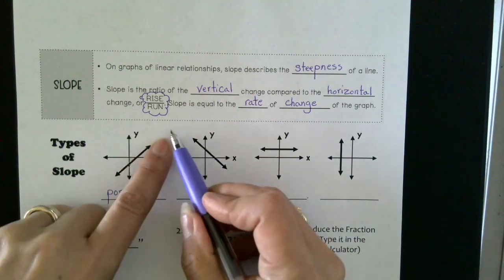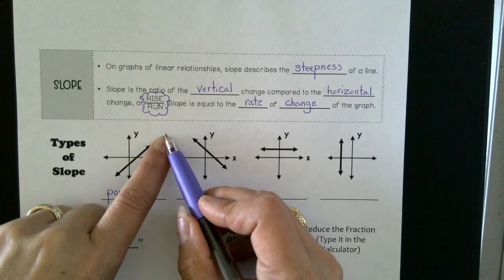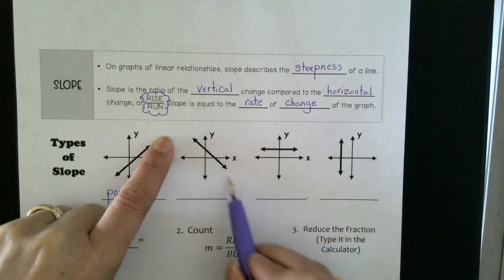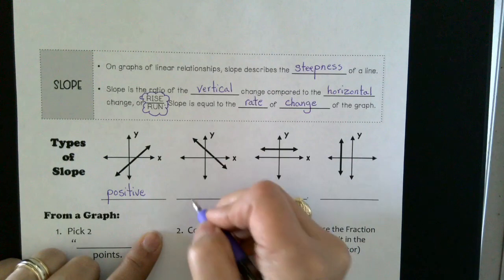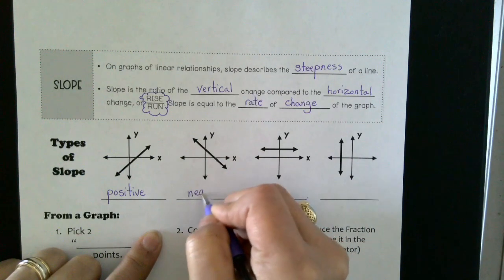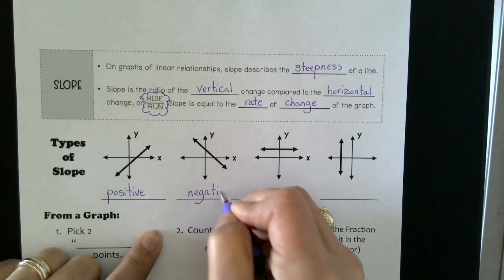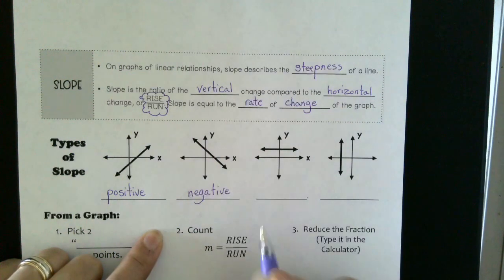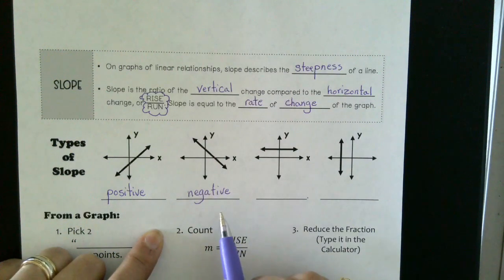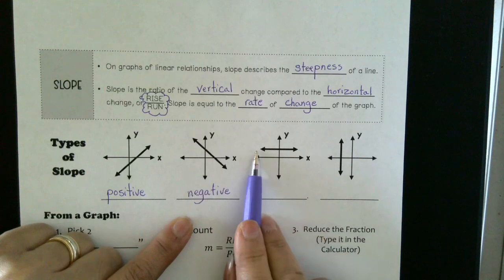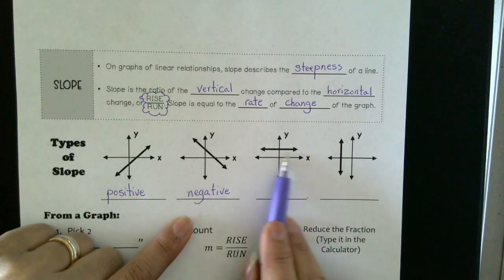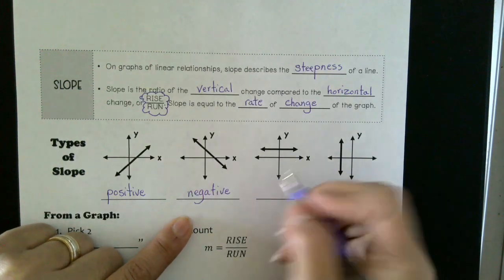We went to the top of the mountain. Now we're going down. That's negative. Negative what? What are we talking about here? The slope. Good job. Now, we're just walking. Zero. That would be 0.